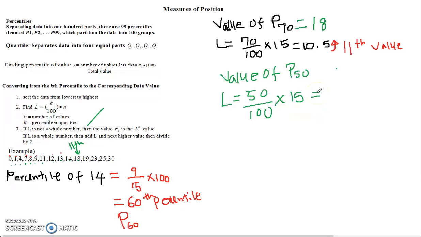So that's going to be about 1/2, right? Okay, hang on. So we have 50 times 15 divided by 100. Let's try 60 instead of 50.